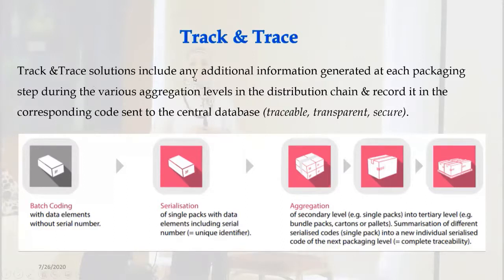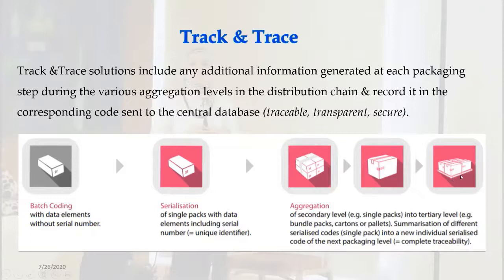We have several examples for the serialization, whether to code our unit pack, which will be named batch coding, or to serialize each single pack. Each single pack will have a random serial number, a unique identifier, or to serialize the aggregation, like the carton boxes, or a big carton box, which is a tertiary pack size, or a carton pack including several unit packs.